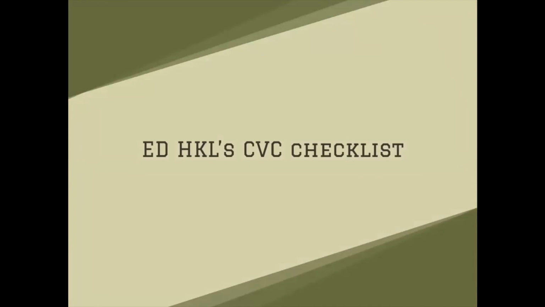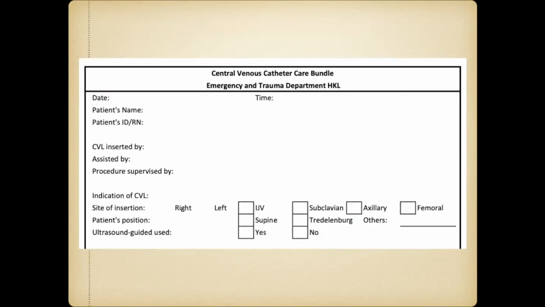And this is our EDHKL's CVC checklist. This checklist is very useful to assist us because it has summarized the steps and also the equipment needed. Okay, this is available in the resources. This is supposed to assist us so that we don't miss the steps and the equipment is prepared accordingly.